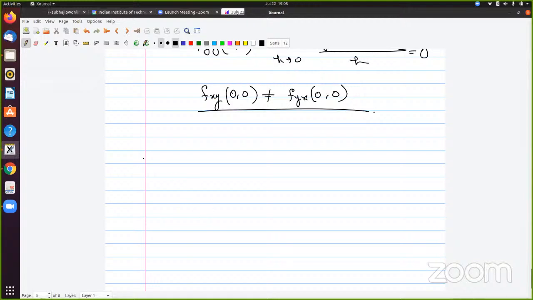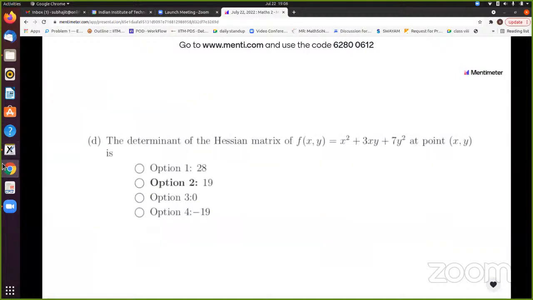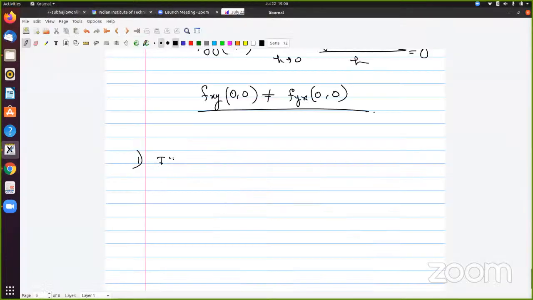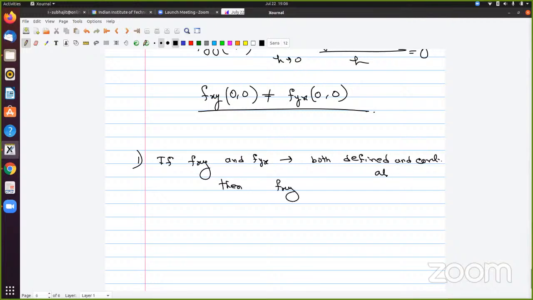First of all, there is Clairaut's theorem, which says that if the higher order partial derivatives are defined and continuous in an open ball containing this point, so for two variables, if fxy and fyx are both defined and continuous at a comma b, then they are equal.